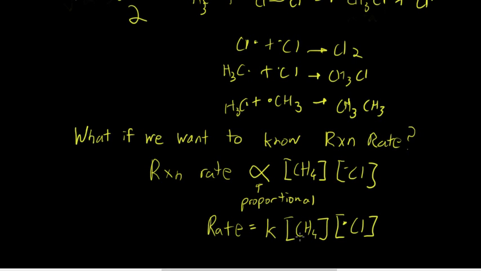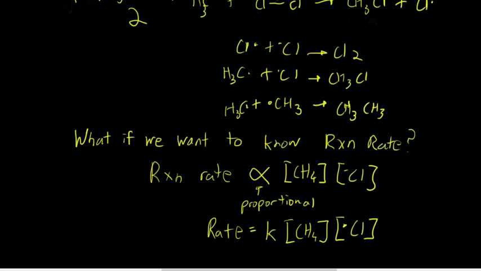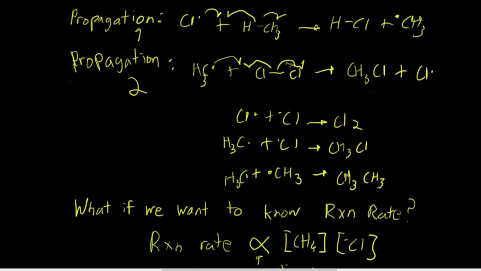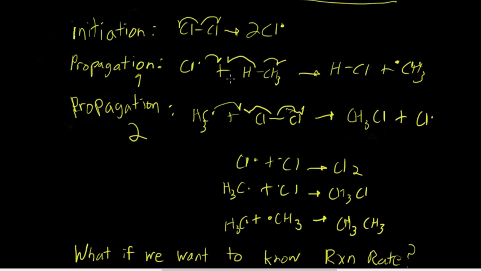You have K times the concentration of a reactant raised to the power of its coefficient times the concentration of the other reactant raised to the power of its coefficient. And you can see here that in propagation step 1, the reactants you have are chlorine and methane.